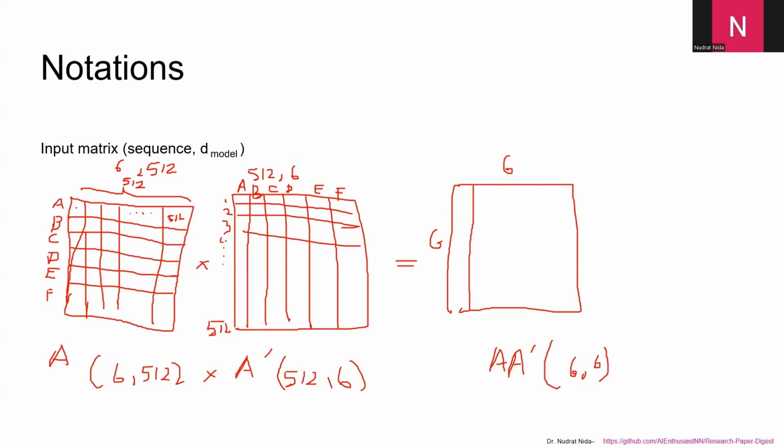So that will be AA, AB, AC, and so on. That is one of the intuitions given in the paper: if we multiply a matrix with its transpose, we get the outer dimensions, that is 6 and 6.